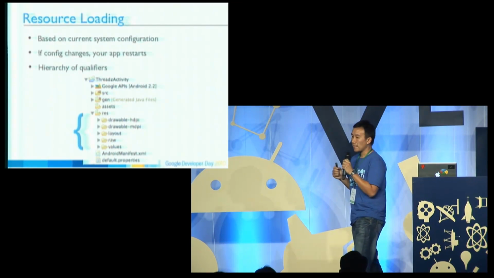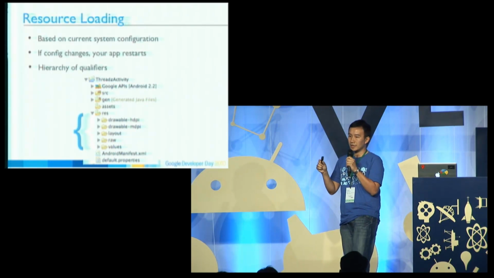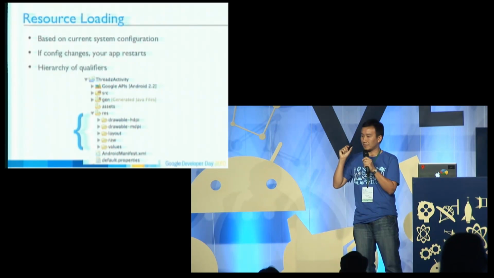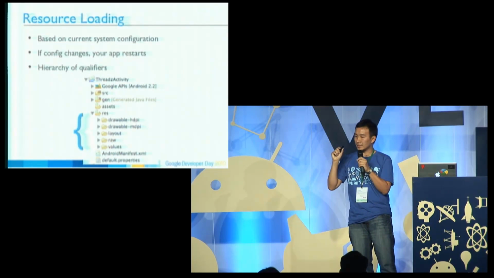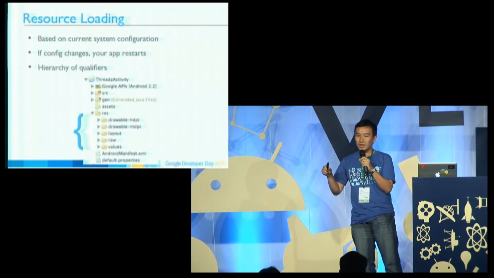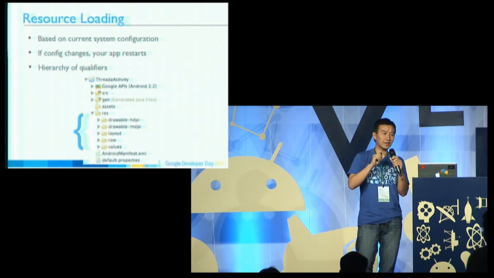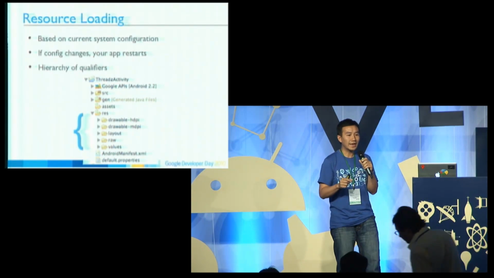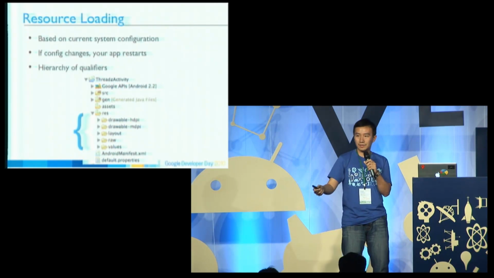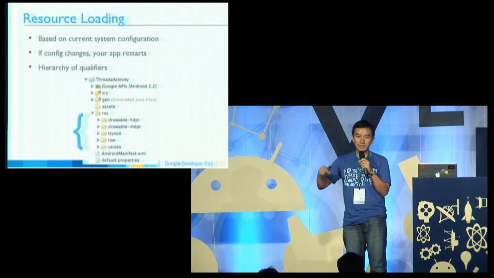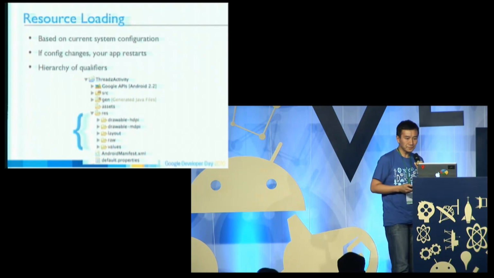What that means is that for different pictures that you put in these folders that have the different suffixes, hdpi, mdpi, at runtime the system will determine, hey, what's my current configuration? And then it automatically picks the pictures that you have prepared from these respective directories and presents them to users.